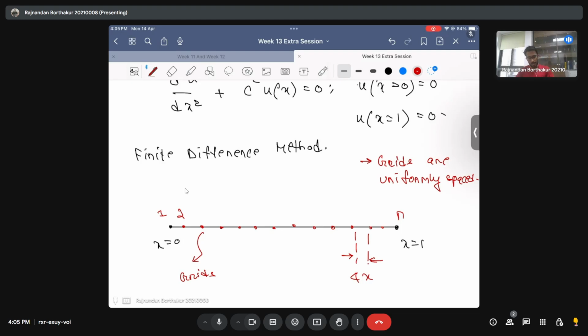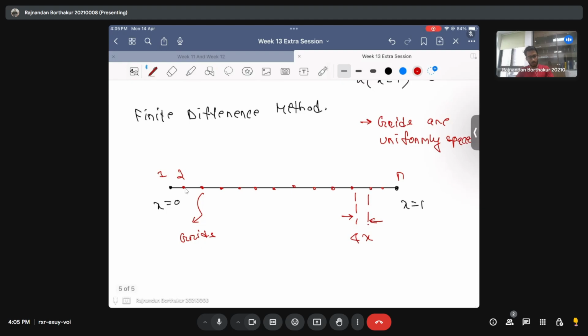These points, n equal to 1 and n equal to n, are known as boundaries. In a 1D problem, they are not called grids because they are just points. They are called nodes.